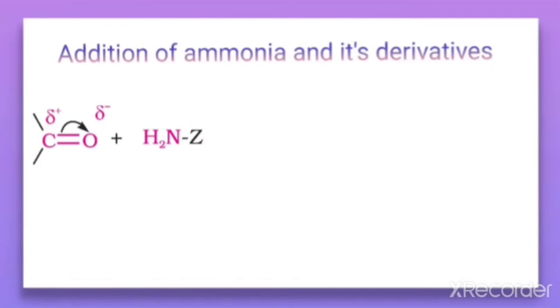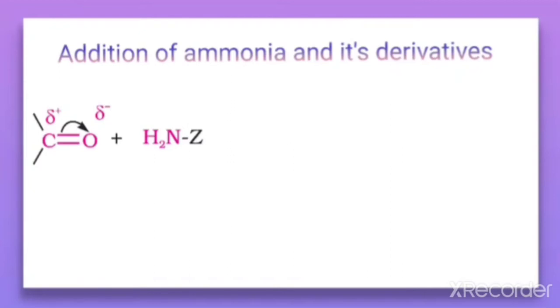The general reaction we are writing here is the reaction of aldehyde and ketone, taken in general representation form, with the derivative of ammonia, taken in terms of Z. Now if the nucleophilic addition is taking place, we can do it in the same way as we have done for the others, that is a nucleophilic addition reaction.